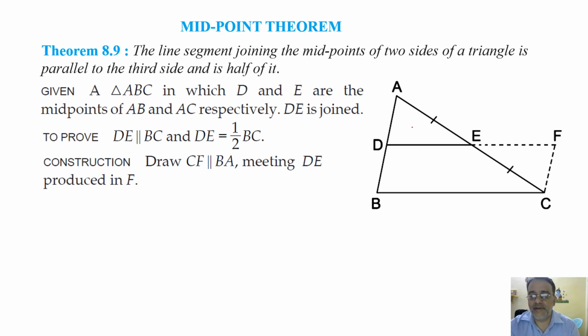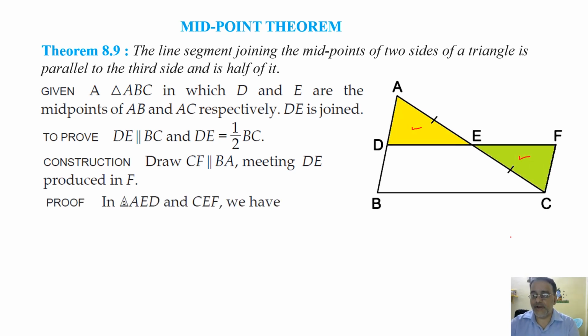Okay. Now we will prove these two triangles congruent first. These two triangles, yellow and green color. AE is equal to CE. Why? E is the midpoint of AC. Very good. And again, these two angles are equal. Why?